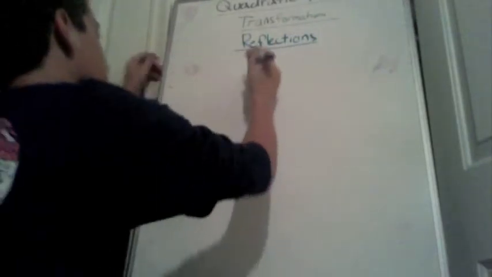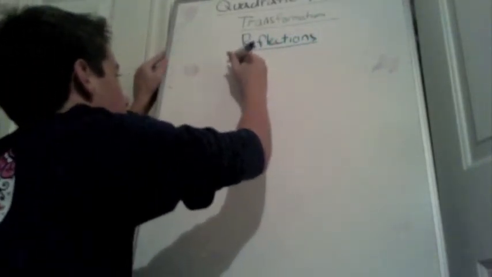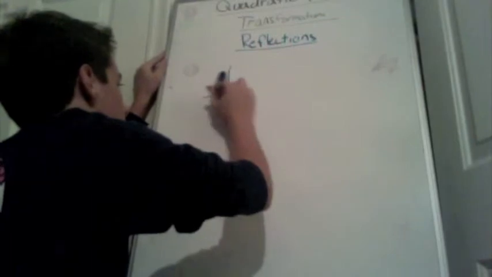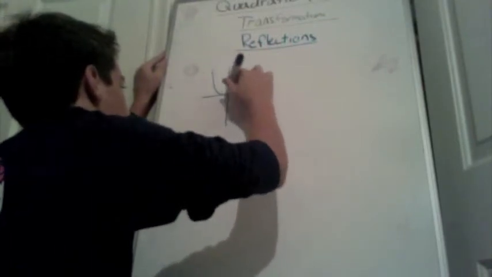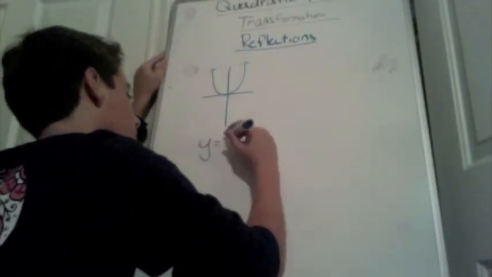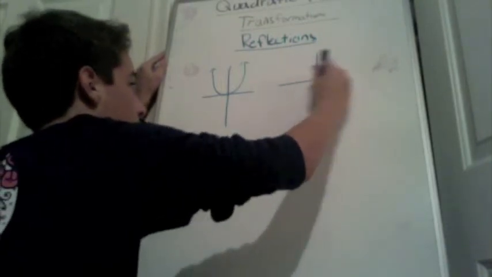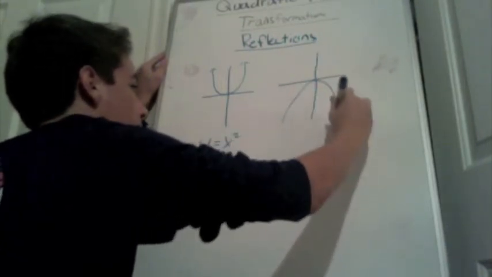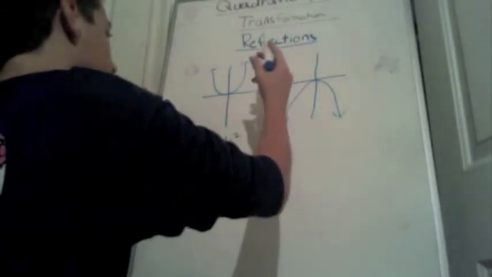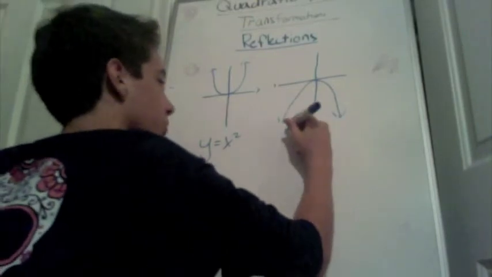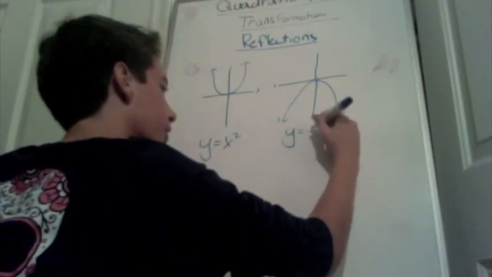For an x-axis reflection, your graph is going to change from looking like the parent function y equals x squared to looking like this, exactly like it sounds, just a reflection across the x-axis. In your equation, that's going to look like y equals negative x squared.